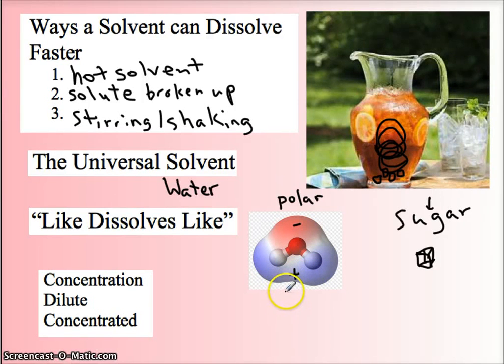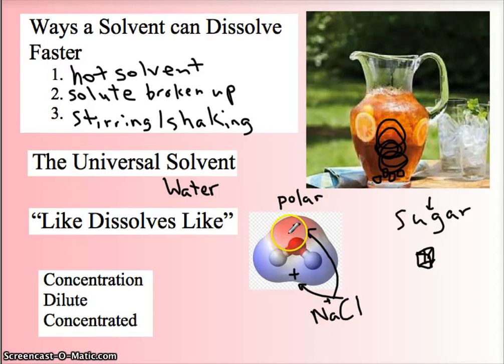So when you have ionic bonds like NaCl, you may remember they're not true bonds, they're just the ions pushed together. And something positive like Na is attracted to the negative side, and the negative Cl is attracted to the positive side, so it's just more attracted to water itself because it's polar.